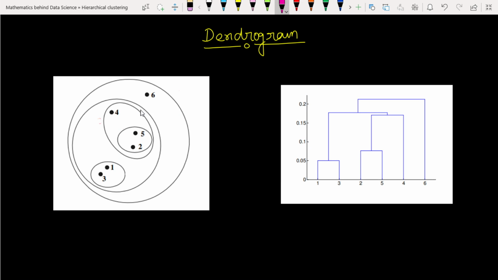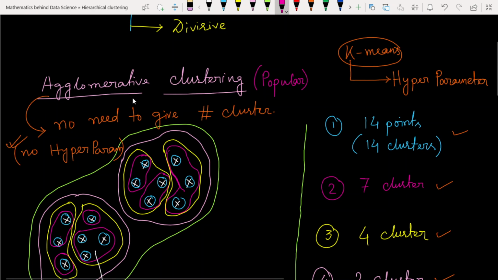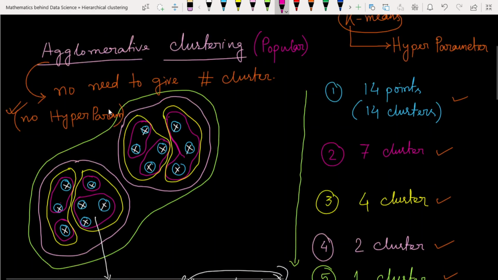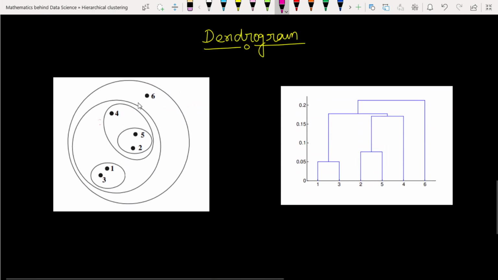Now if you remember agglomerative clustering, initially we treat each point as a single cluster. So initially we treat this one, this one, this one, this one, this one, each as a single cluster.